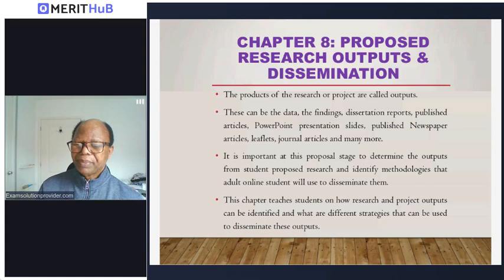It is important at this proposal stage to determine the outputs from your proposed research and identify methodologies that you will use to disseminate them. In this chapter, you're going to find out how research and project outputs can be identified and what the different strategies are that can be used to disseminate these outputs. Again, you're going to see examples from previous students.